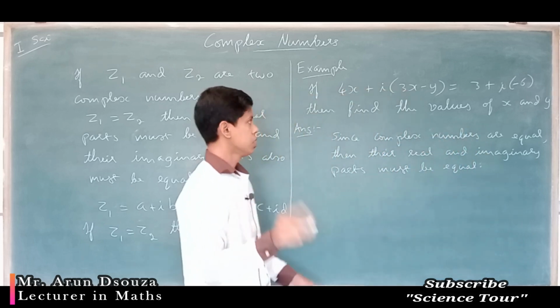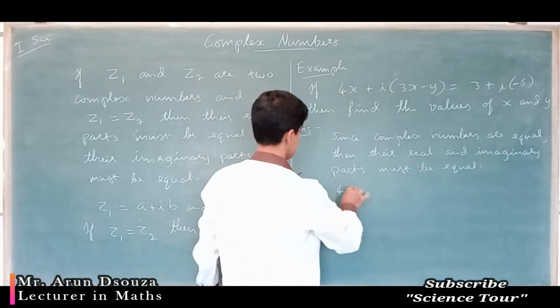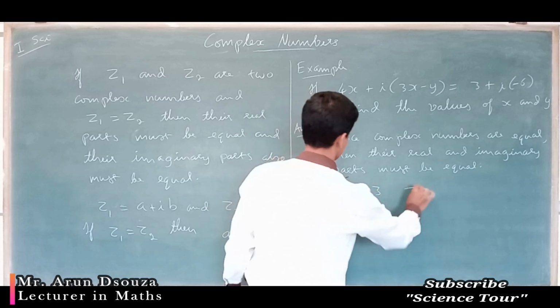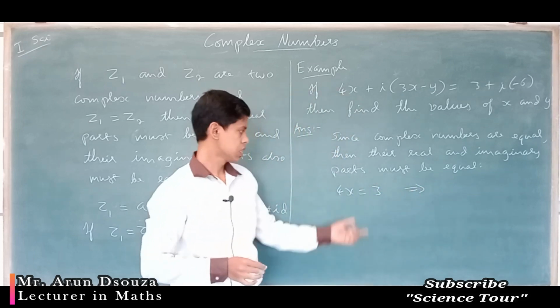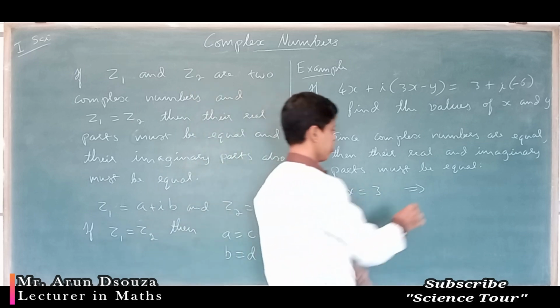Therefore, 4x must be equal to 3, which implies x is equal to 3 by 4.